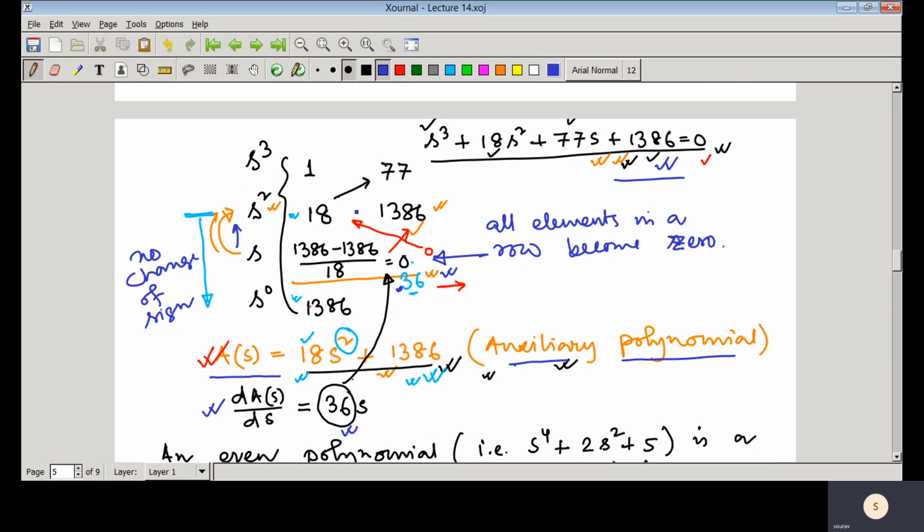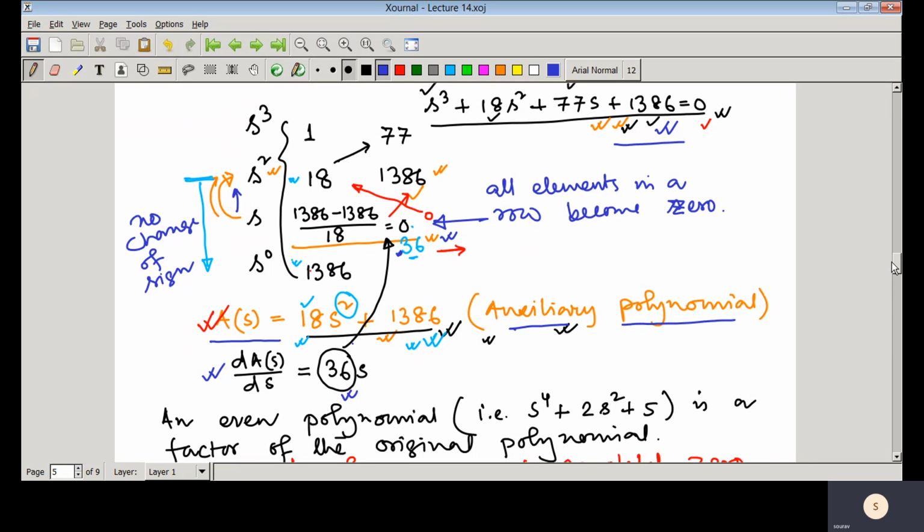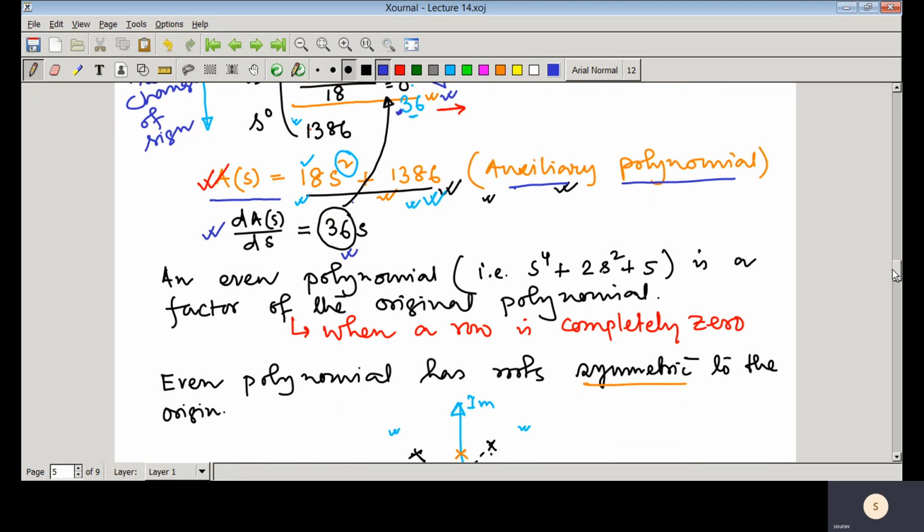So if we proceed and complete that Routh table, then we find that in the first column there is no change of sign. But the interesting point is, whenever you have a row completely 0, it means an even polynomial is a factor of the original polynomial. And now we have seen that an even polynomial has roots symmetric to the origin.